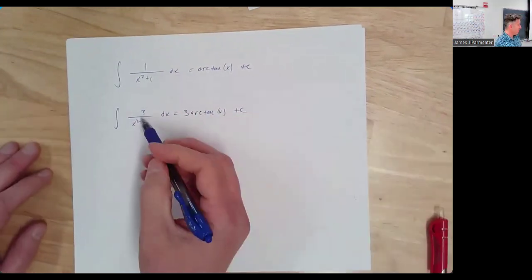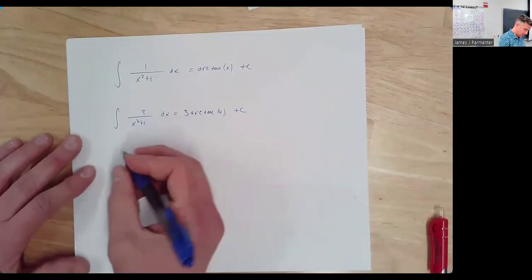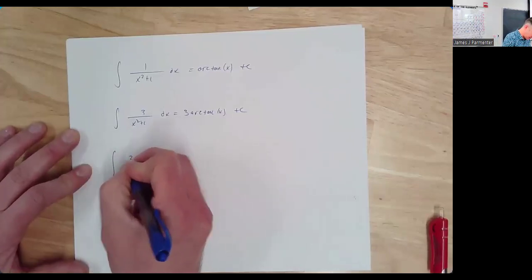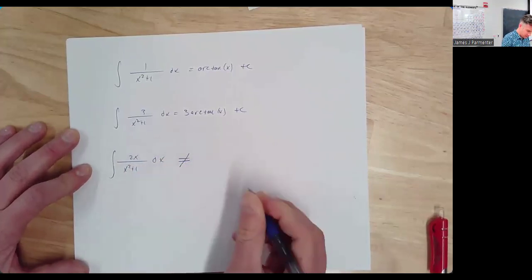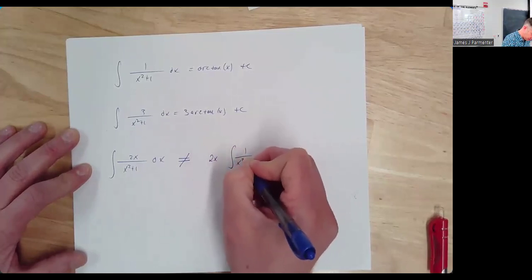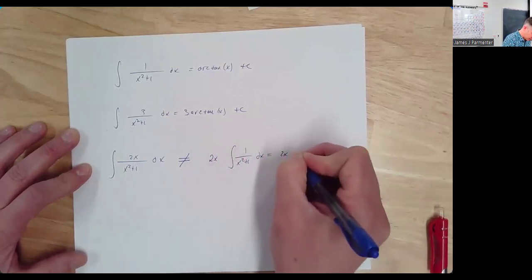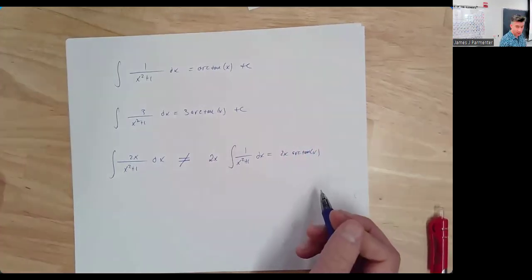But if you have a variable up there, it changes the whole story. This is not equal to 2x times the integral of 1 over x squared plus 1, which would be 2x times arctangent of x. We can't pull variables out in front of an integral.